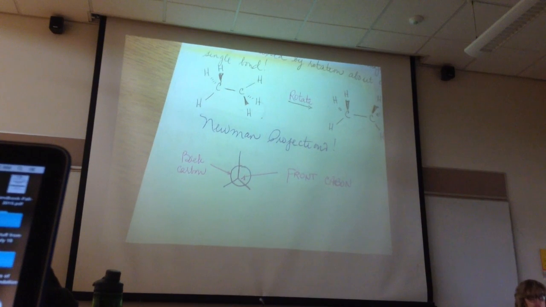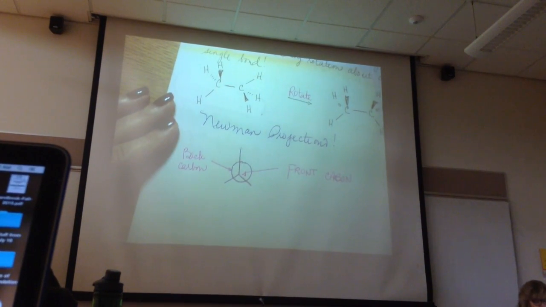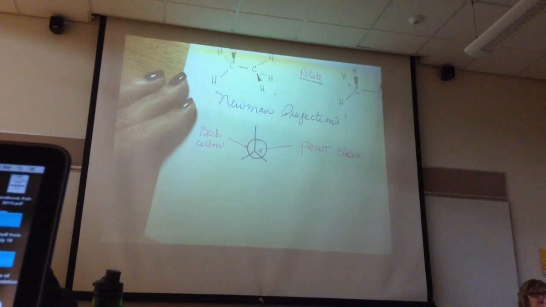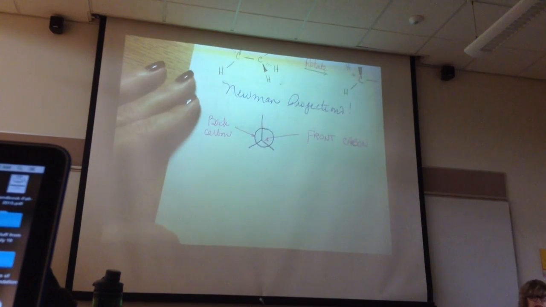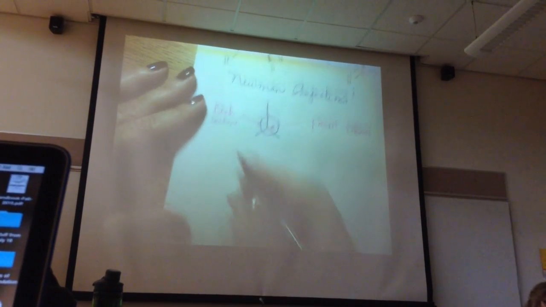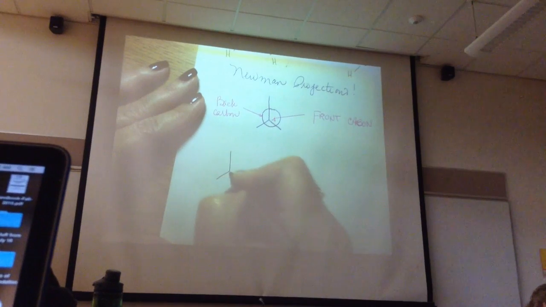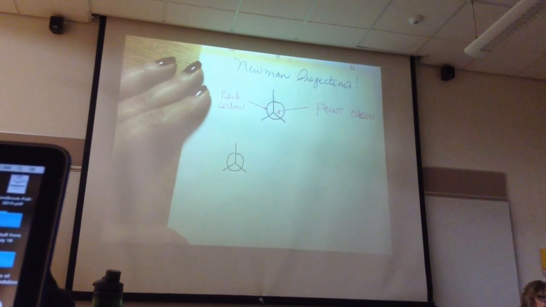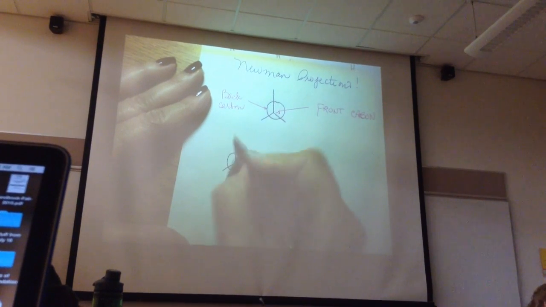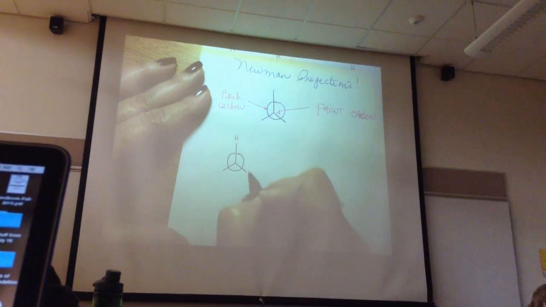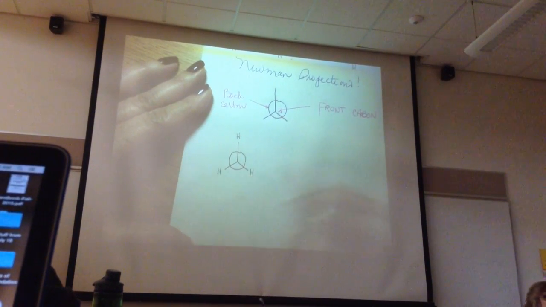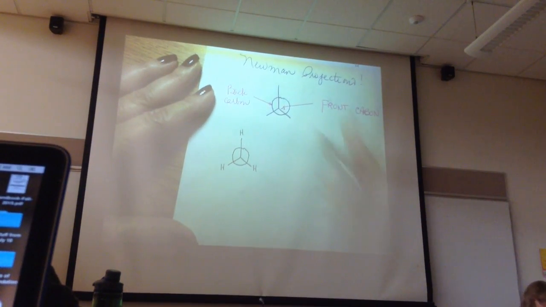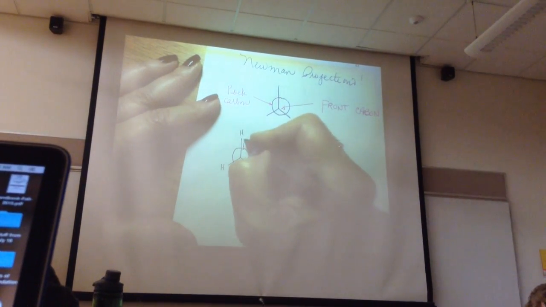All right, so for this structure, I'm going to start with this drawing. And this drawing is going to show up like this. This is my front carbon, and this is my back carbon, okay? On my front carbon, which is the Y, I have hydrogens on it. And on the back carbon, I also have hydrogens on it.